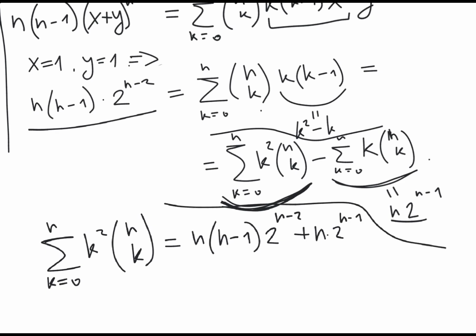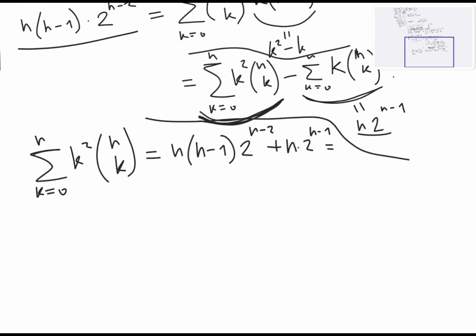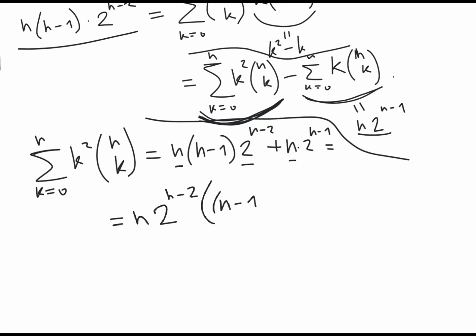And here it can be simplified. n is the common factor, and 2 to the power n minus 2 is the common factor, and 2 to the power n minus 1 is simply 2 to the power n minus 2 multiplied by 2. If we move this common factor out, then here we get n minus 1 plus 2, right?